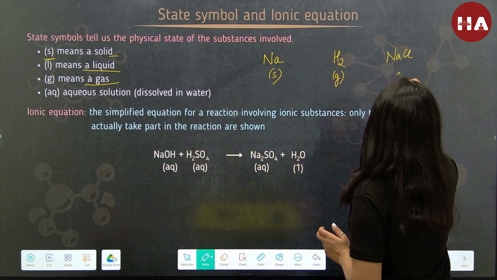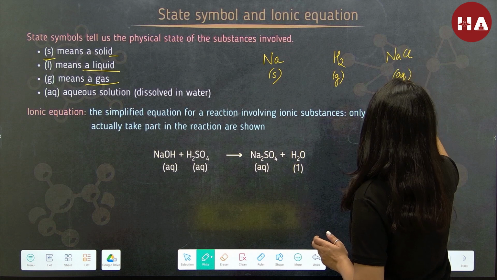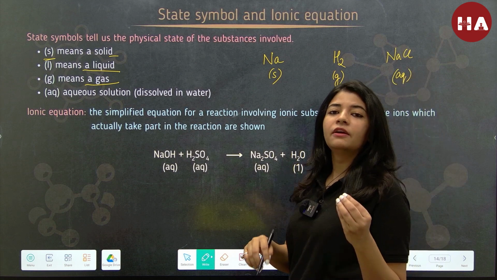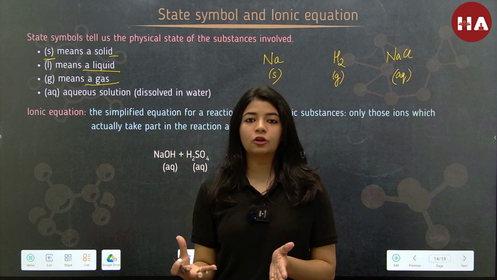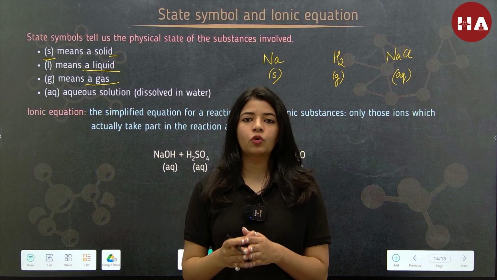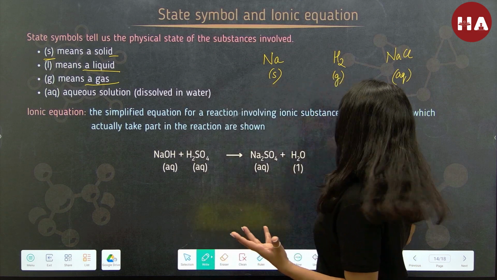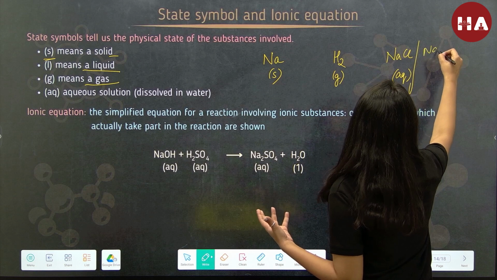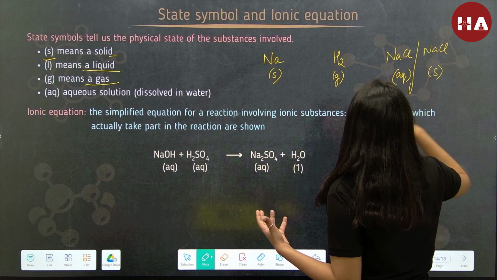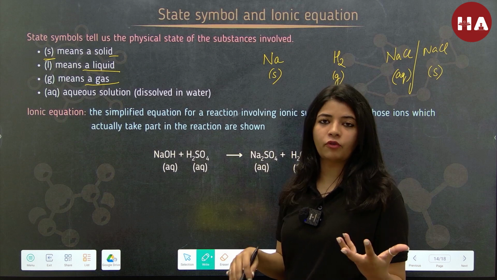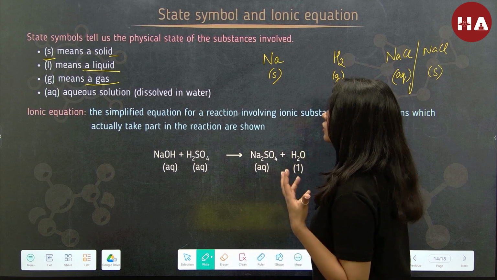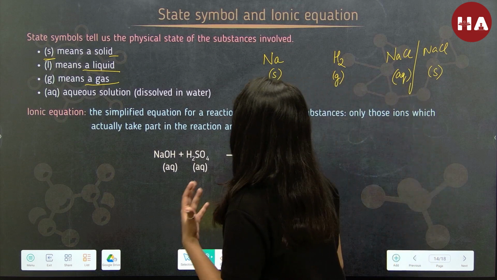So if I write AQ beneath NaCl, it means that we are talking about NaCl solution. It means that sodium chloride is in solution form. Okay, but if I write NaCl as S, it means that we are taking powdered form of NaCl, right? So this is what we call state symbols.